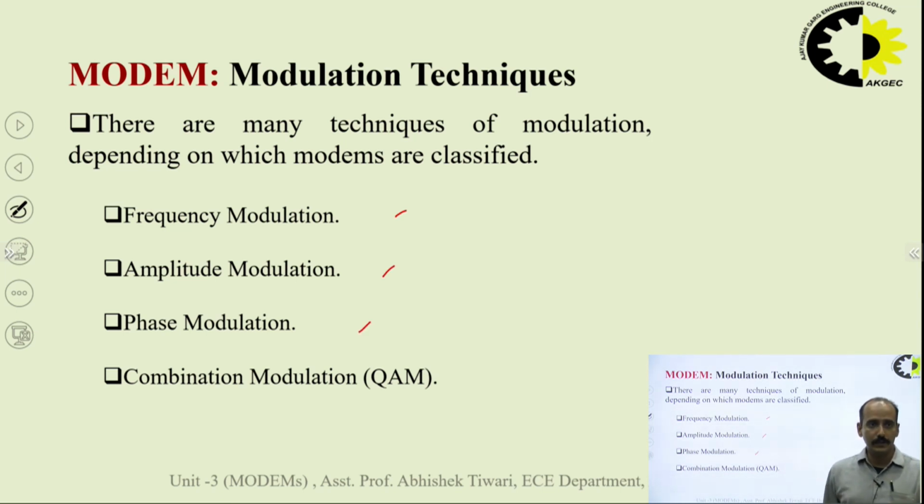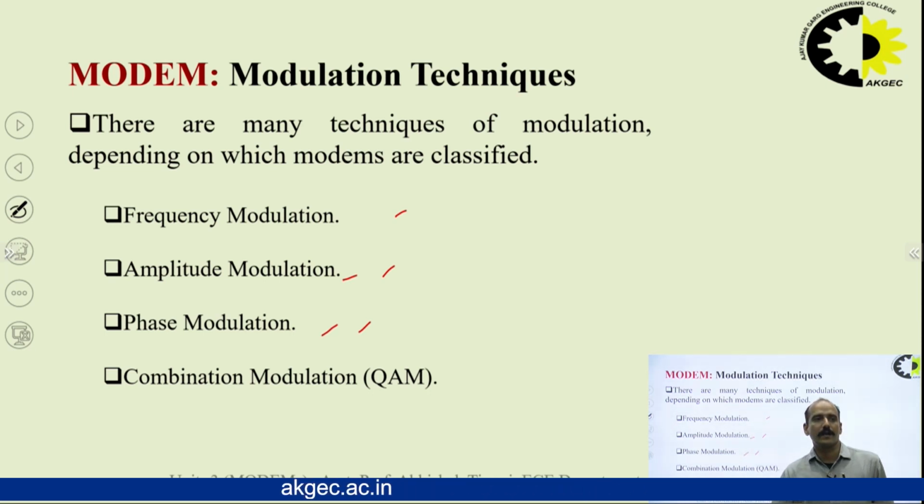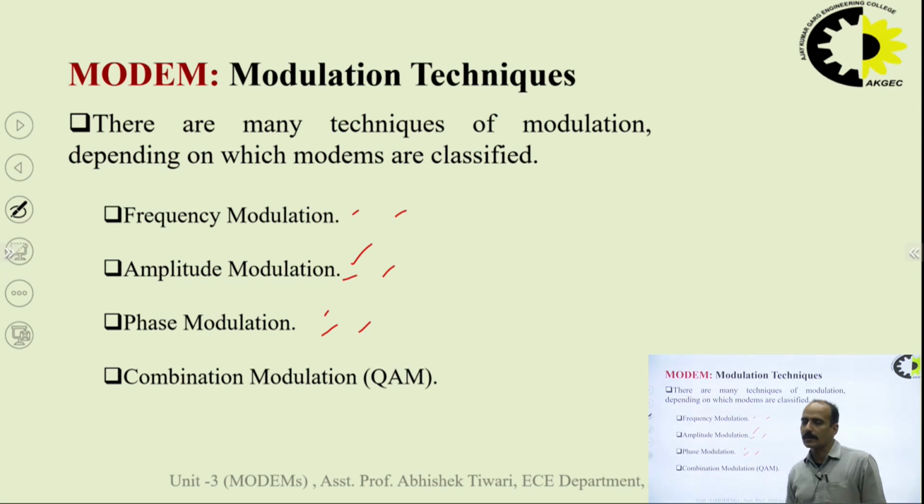You can easily understand one point: if we talk about noise immunity, amplitude modulation has the minimum noise immunity, whereas phase modulation is the best as far as we consider the various characteristics of the modulation technique. Some points are very good in amplitude modulation, whereas some points are very good in phase modulation or frequency modulation.